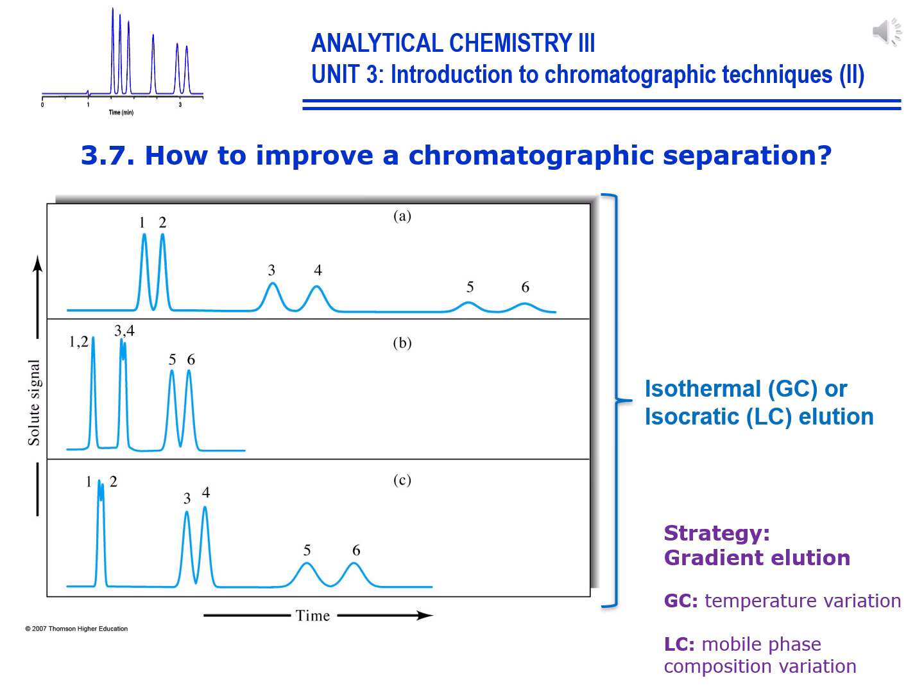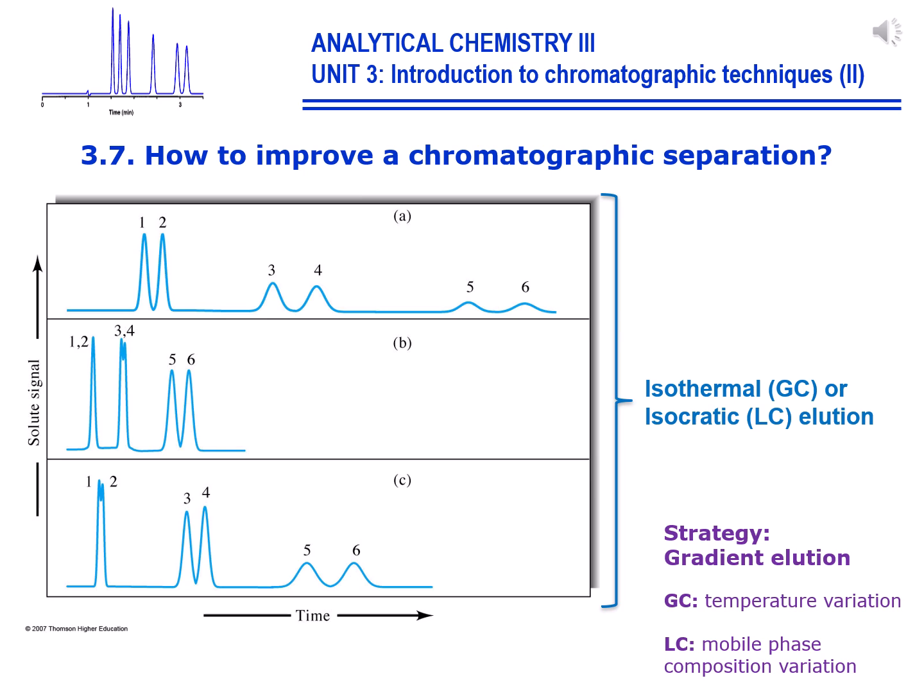These three situations are related to a constant mobile phase during the whole chromatogram. In GC, isothermal conditions. In LC, isocratic conditions. So, to achieve a good separation of the 6 compounds, the mobile phase conditions must be modified during the separation.